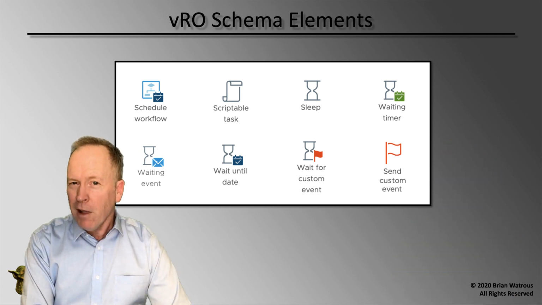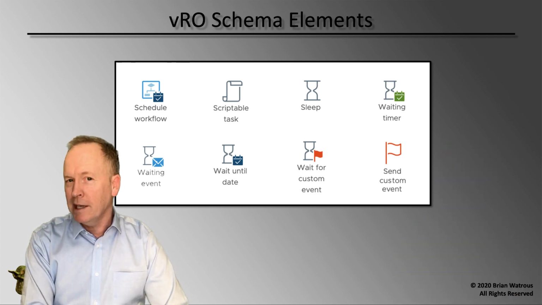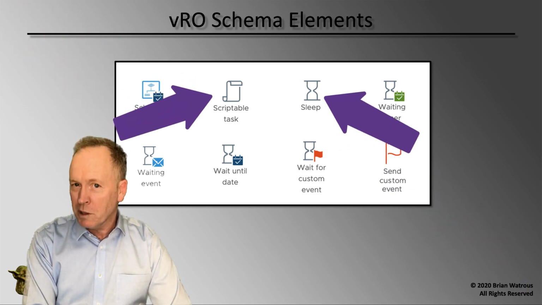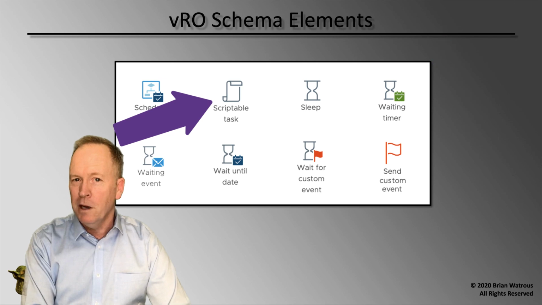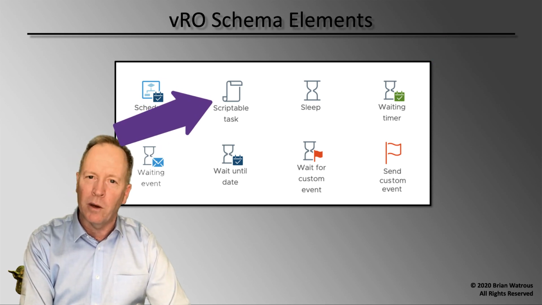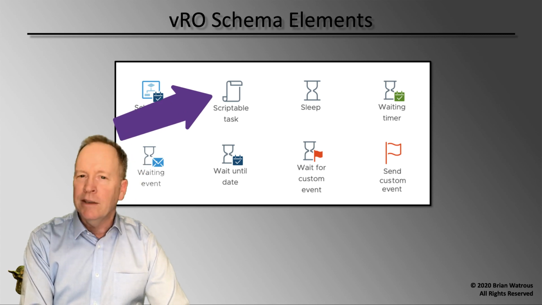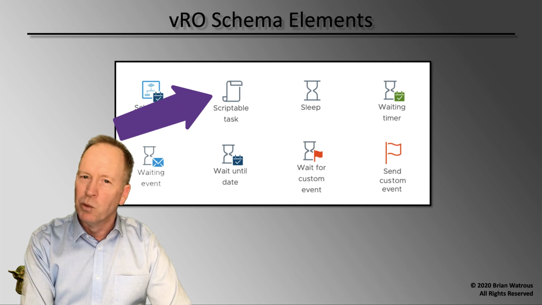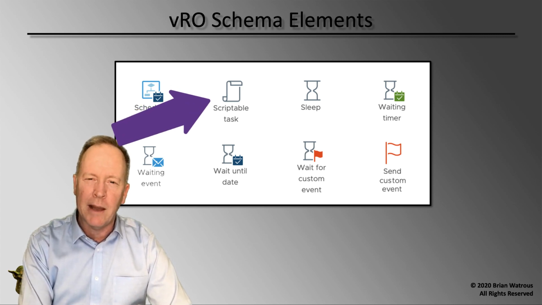And in the videos that follow, we'll be talking about things like sleeping. These 2 schema elements allow you to do sleeping. If you use the first one, the scriptable task, you will have to write JavaScript code. But fear not, even though you'll have to write JavaScript code into this scriptable task, it's really easy. I'll show you exactly how to do that.